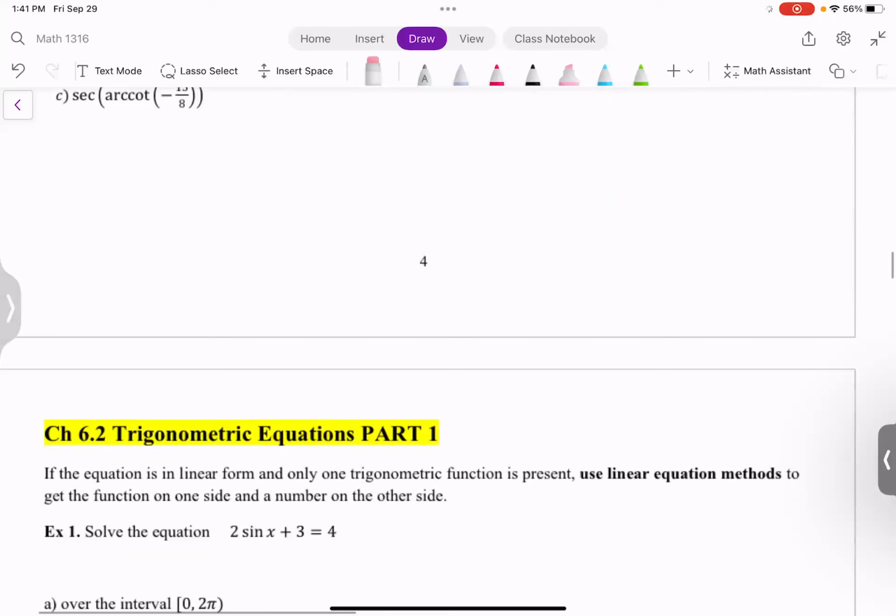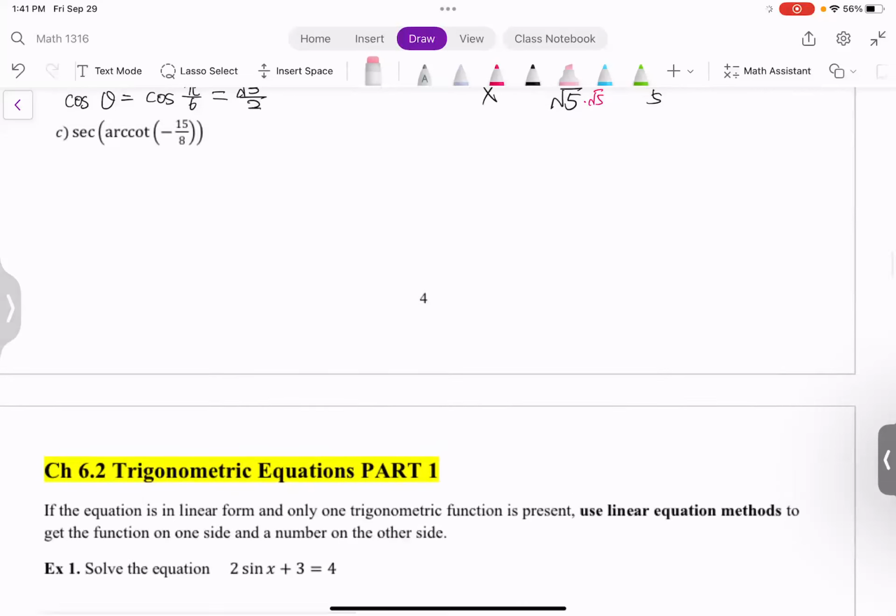Okay, let's see the next one. Next one, second: arc cotangent of negative 15 over 8. So what should I do? For this composition function, first I will let arc cotangent of negative 15 over 8 equal theta, because inverse functions always give an angle in the trig function part.